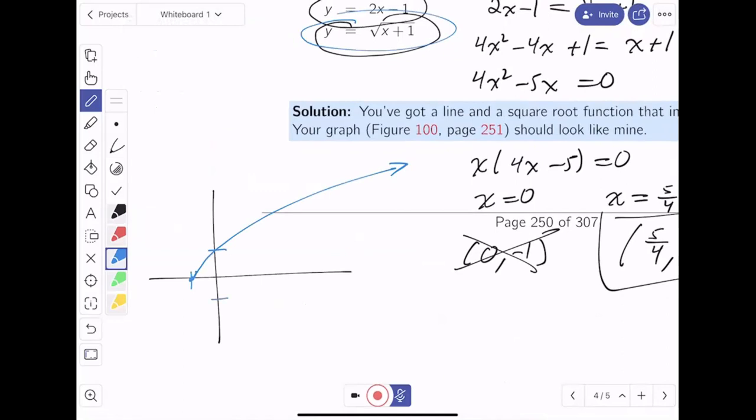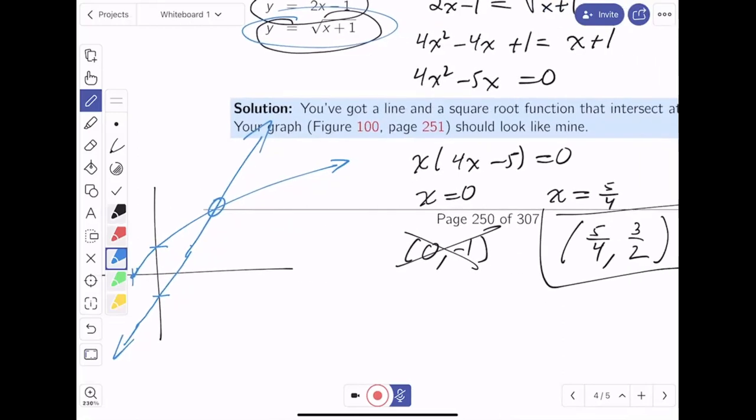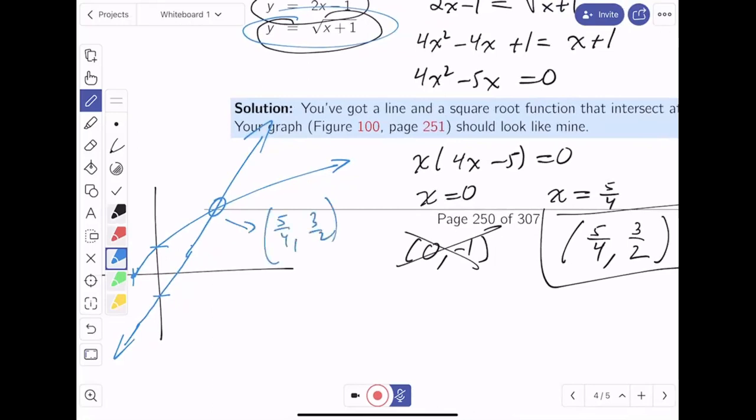Let's see, 1 and 2 over, something like this. And I'm seeing a point of intersection. What is that point? That point is 5/4, 3/2. All right. I cannot read that from my graph, by the way. It's just not properly scaled or drawn. It would take a lot of effort.